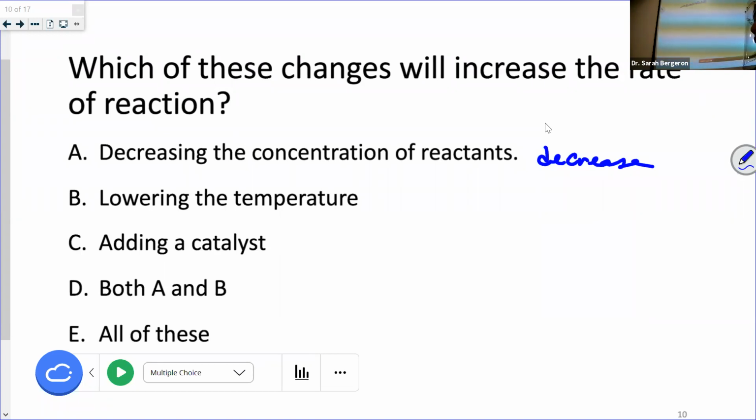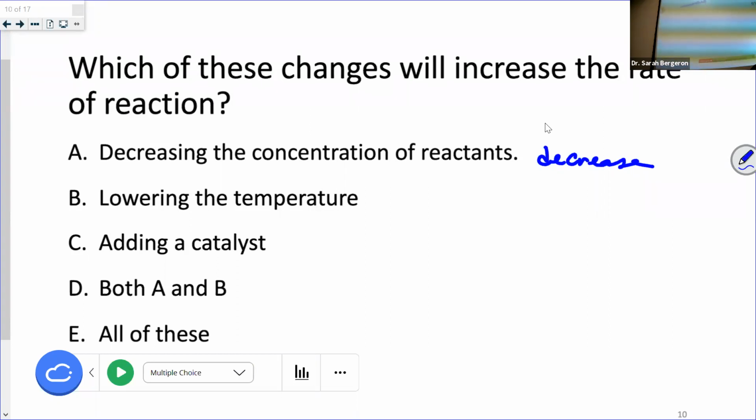If you have fewer cars on the road, you're going to have fewer collisions, right? Fewer crashes. Well, what makes a chemical reaction go? A collision. It has to be a productive collision. So if we have fewer cars on the road, what's going to happen to that reaction? The rate is going to decrease.